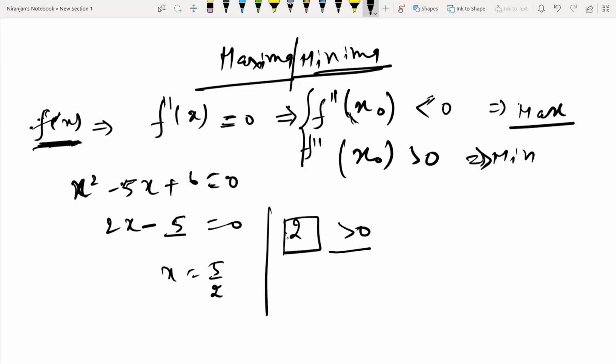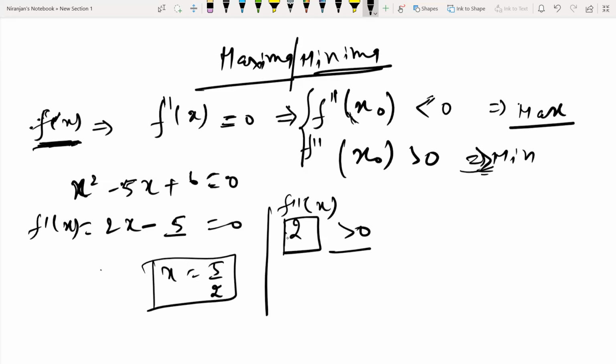Which is a positive double derivative. This is f double dash x, and this is f dash x. You plugged it at 0 and got this point. So is this point maxima or minima? According to this, minima, right? Also, you can say that this is a parabola and it is going to have two roots, 2 and 3.